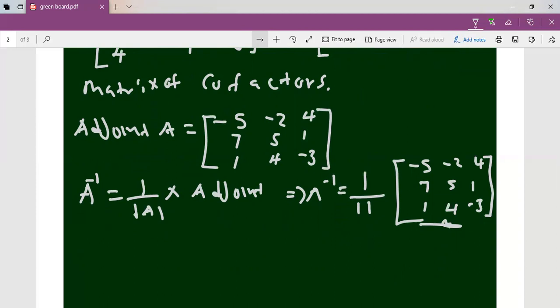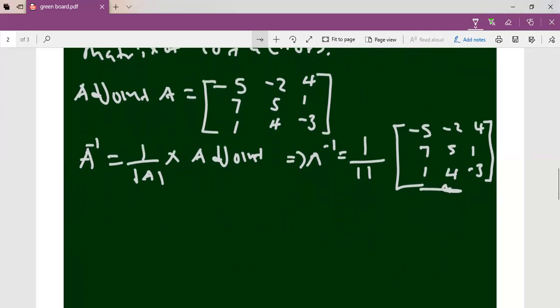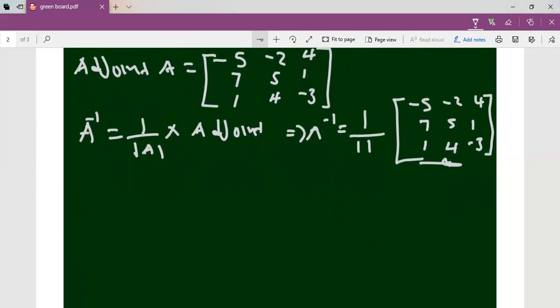You're going to multiply both sides of the equation by the inverse. If you remember, from the first part, we had isolated this matrix.